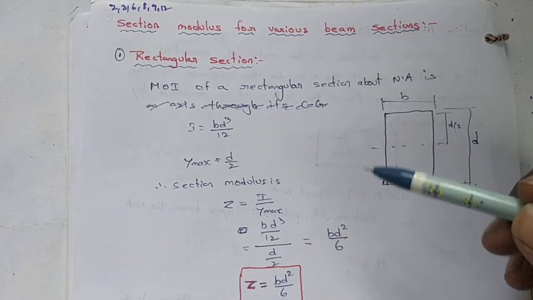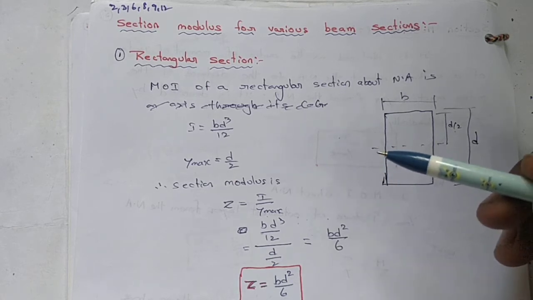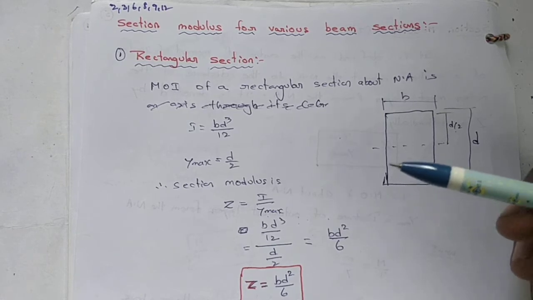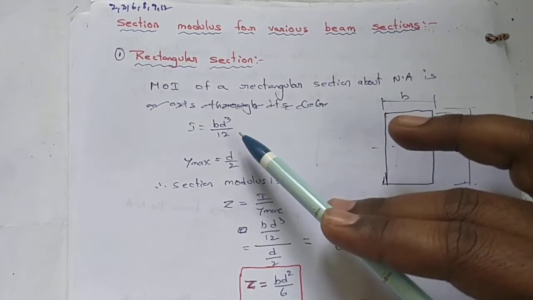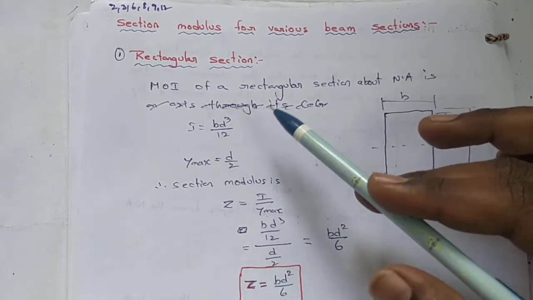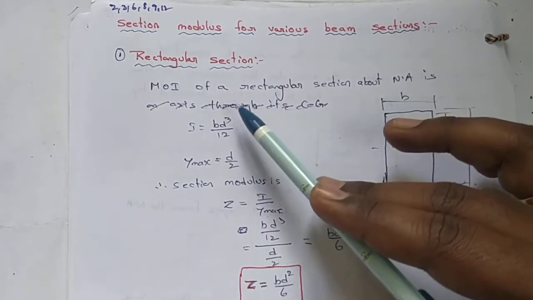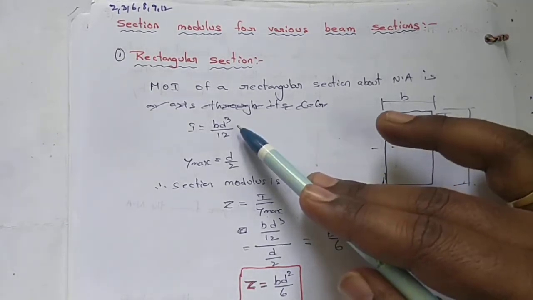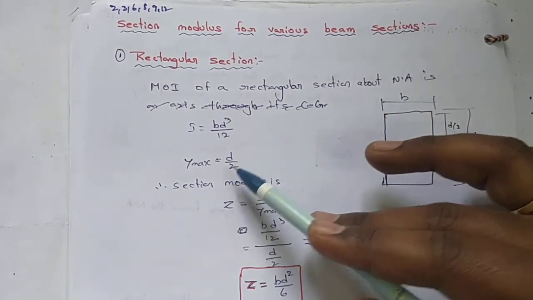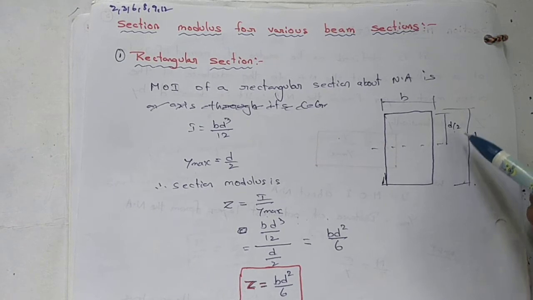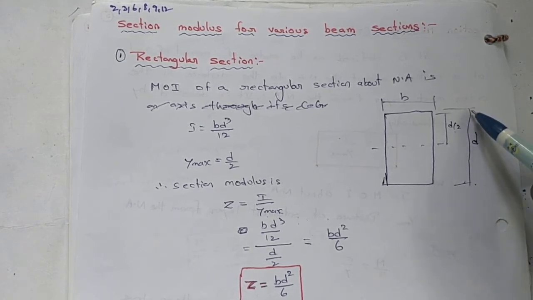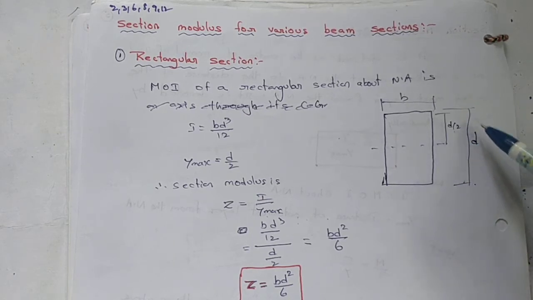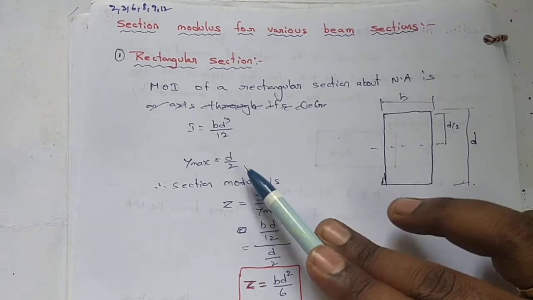For every section, the moment of inertia and distance from the neutral axis to the topmost layer will change. For a rectangular section, I equals BD cube by 12, and Y max equals D by 2.